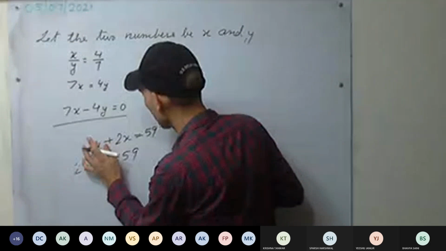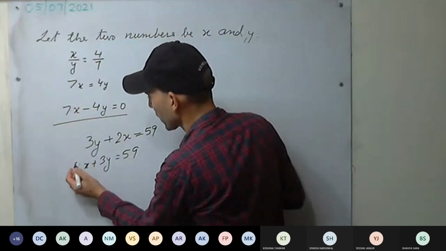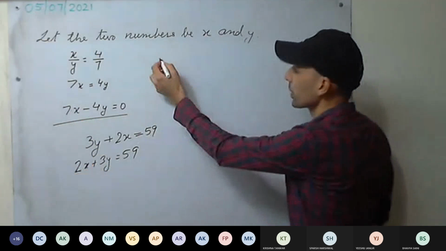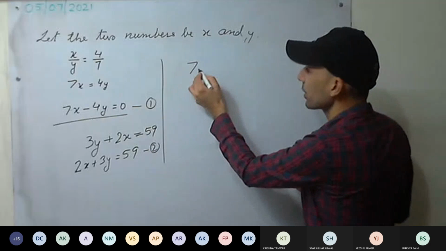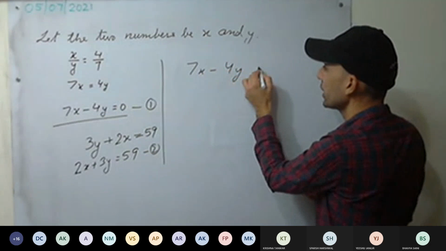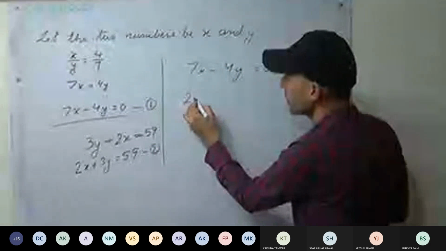So now the two equations are first and second. 7x minus 4y equal to 0. Solve everyone.